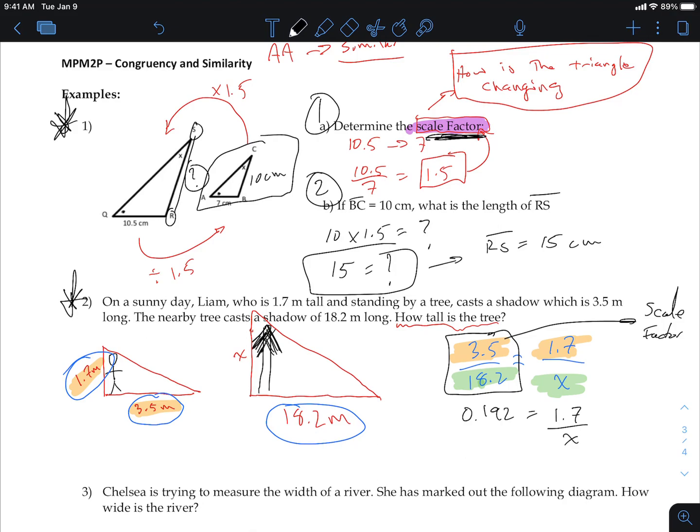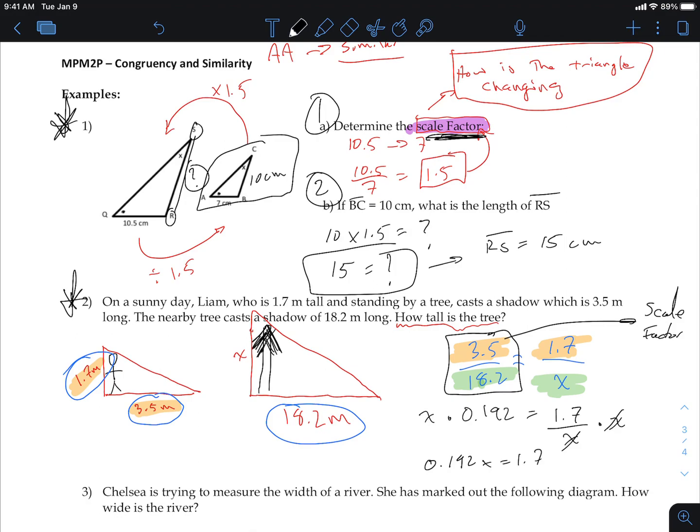Well, this one's a little trickier. If you multiply both sides by x, the x's cancel, but you still don't have x by itself over here. So I'm going to rewrite this line: 0.192x is equal to 1.7.